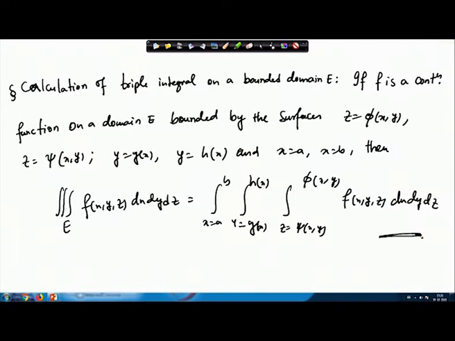So, that is how we calculate the triple integral over a bounded region.